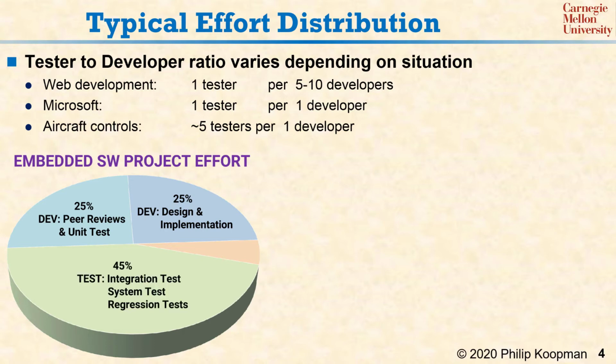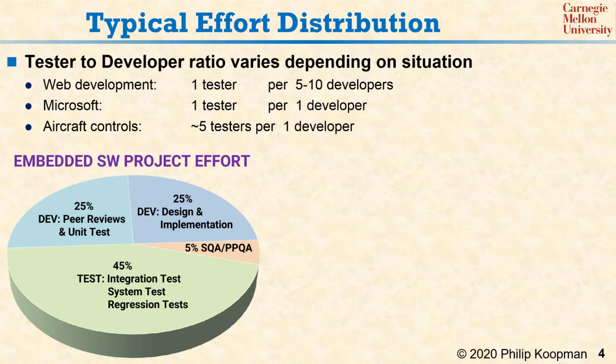About 45% of the effort is spent by testers doing various types of testing, creating testing infrastructure, and generating bug reports. The last 5% is spent on software process, including creation, improvement, training, and auditing, often known as either SQA for Software Quality Assurance or PPQA standing for Process and Product Quality Assurance.